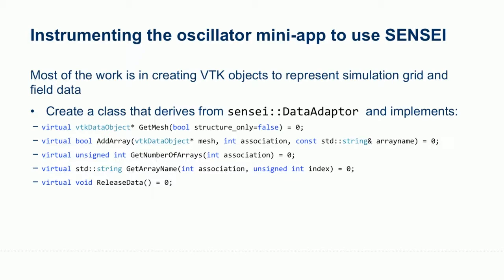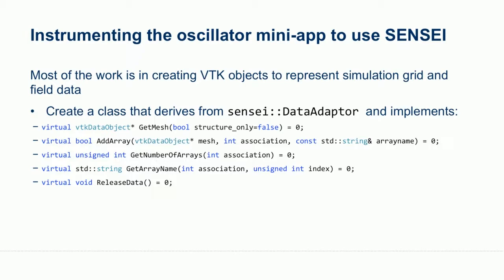Then the add array method of the data adapter. So this method takes the mesh object. That will be the VTK data object that's returned by getMesh. The association, so the association is an enumeration from VTK saying if it's point data or cell data, so telling the centering of the array, and the array name.